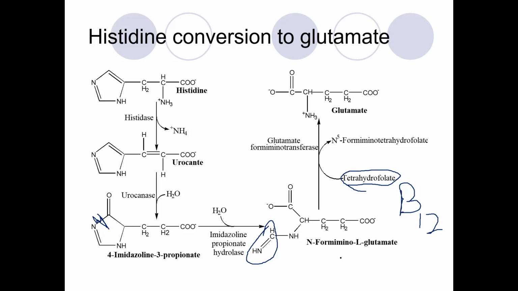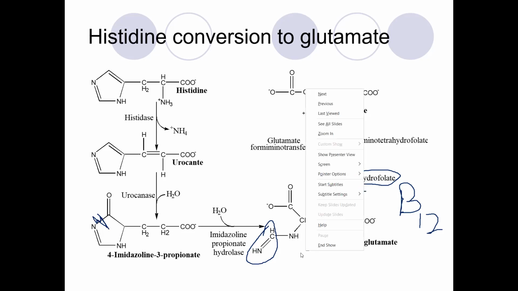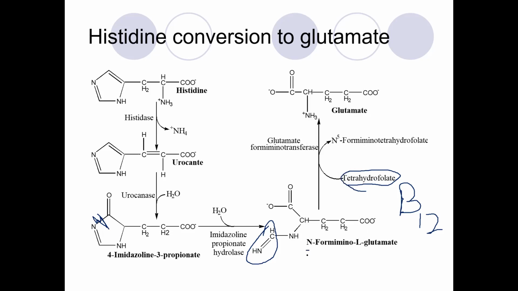This is called FIGLU. Deficiencies in this hydrolase here can also be caused if you have low folate in the diet. And in that case, you'll find high levels of this compound in the urine.